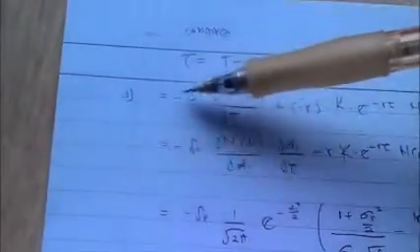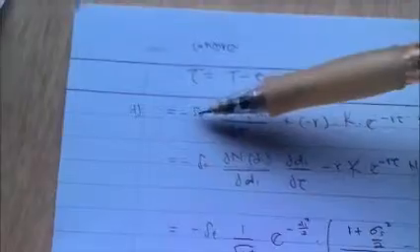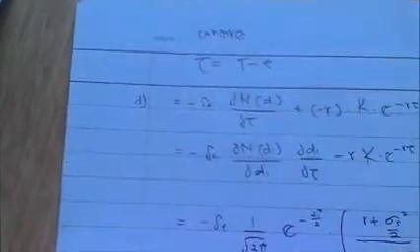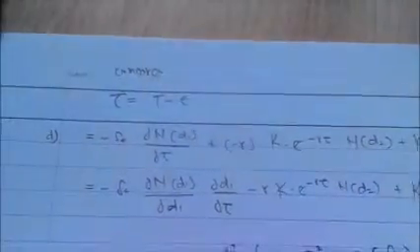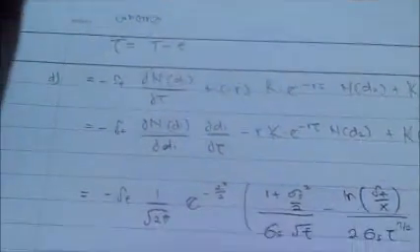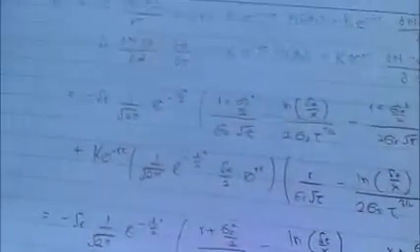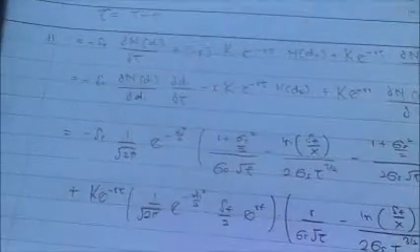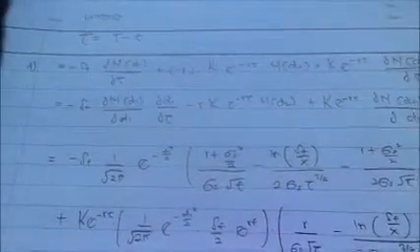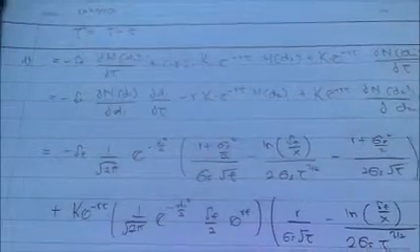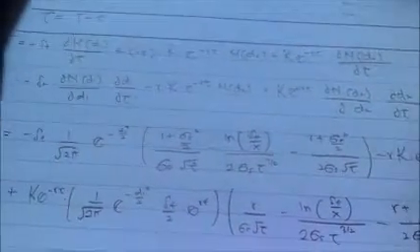Negative S_t N prime d1 divided by dt, plus negative r K times e to the negative r tau N(d2), plus K e to the negative r tau N prime d2 over dt.